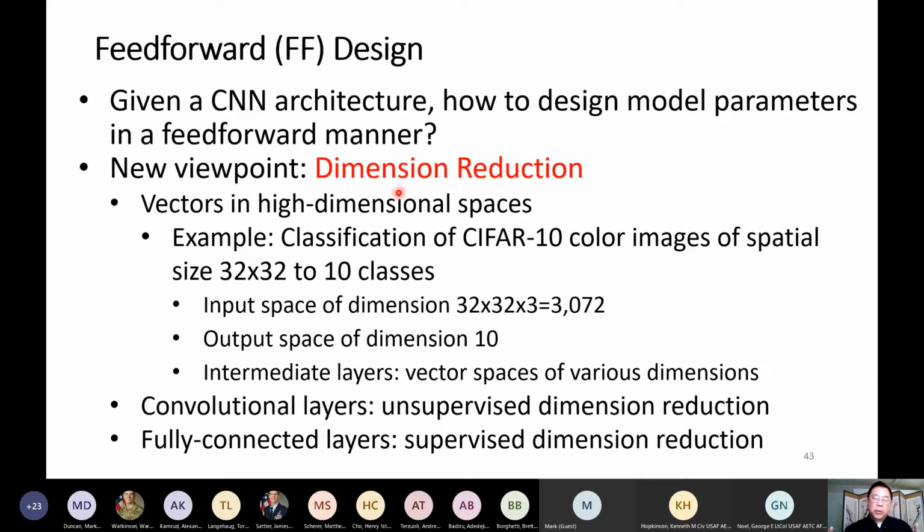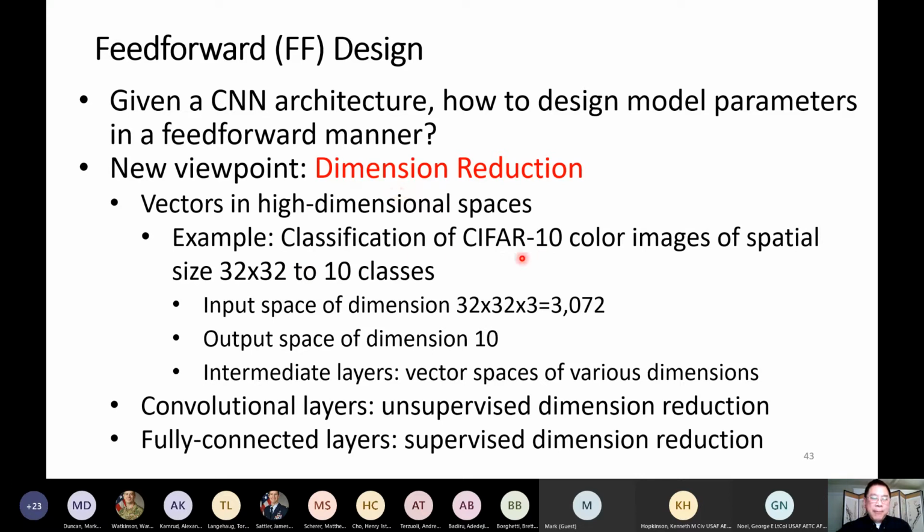How do we do the dimension reduction so that we can zoom into the most important subspace? At each layer, you zoom into a subspace. Going to another layer, you zoom into another subspace. Dimension goes down, but you keep the most important information. And then finally, you try to map that to the desired class labels and so on.